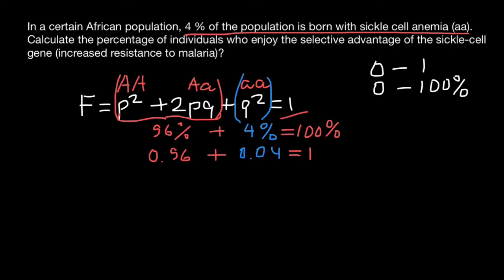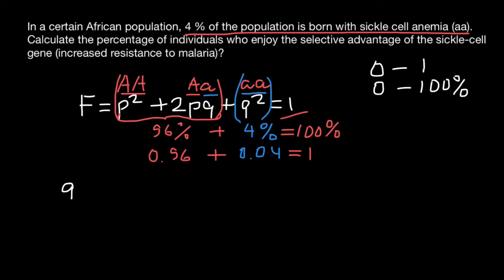Now take a look. We have two phenotypes here, normal and affected. And we have three genotypes: homozygous dominant, heterozygous, and homozygous recessive. But these three genotypes are made by only two alleles: dominant allele A and recessive allele a. So now we have to find the frequency of the recessive allele a.